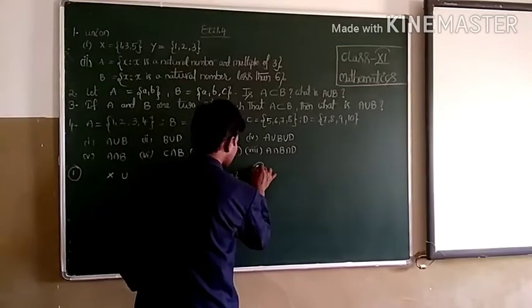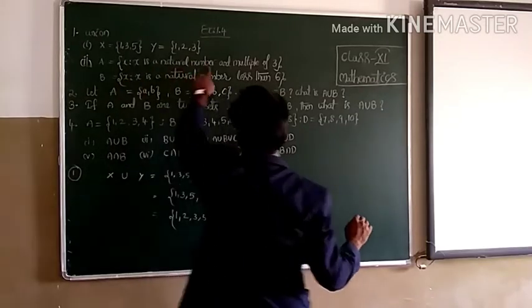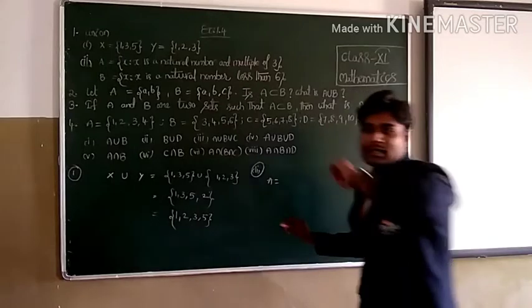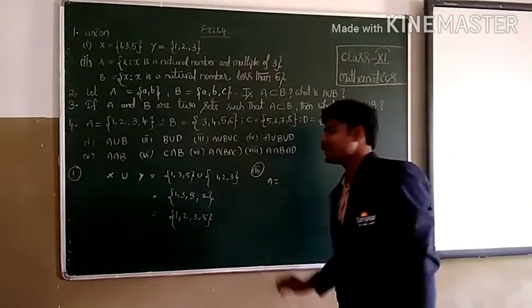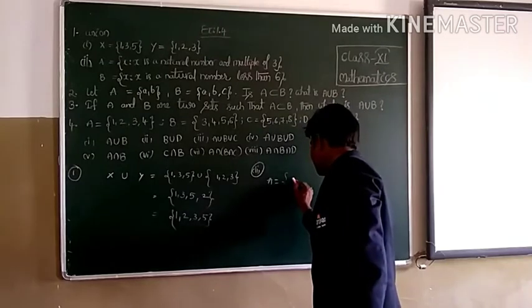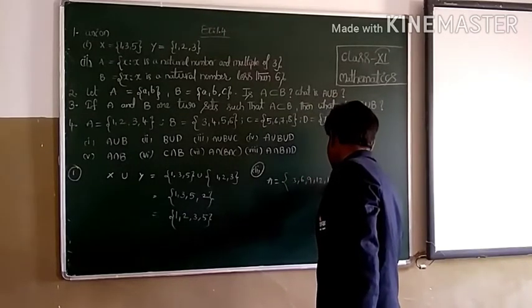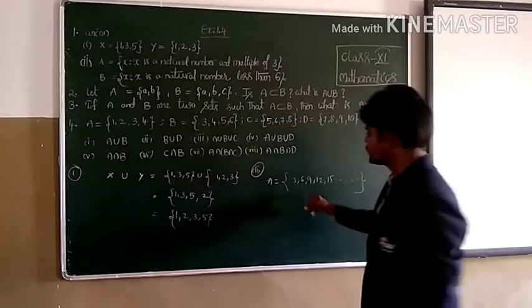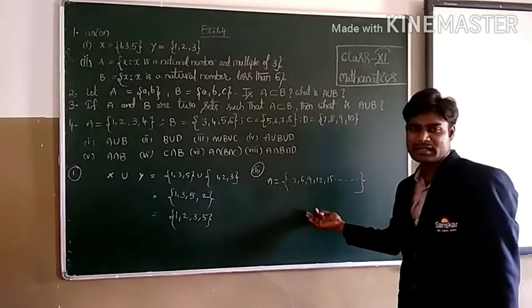A is equal to {x such that x is a natural number and a multiple of 3}. So it must be a natural number and also a multiple of 3. Multiples of 3 are 3, 6, 9, 12 and 15 and so on, because multiples are infinite in number, right?